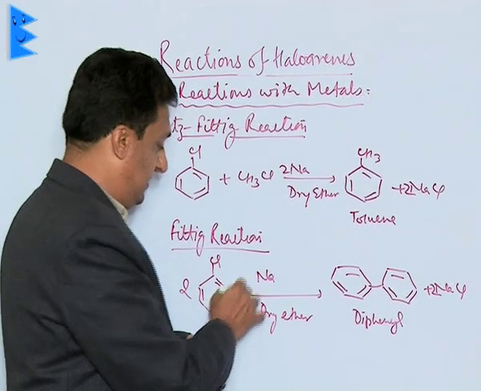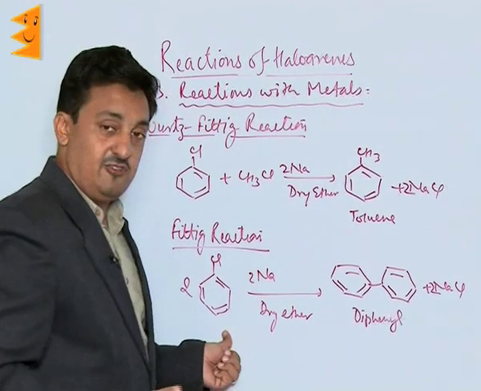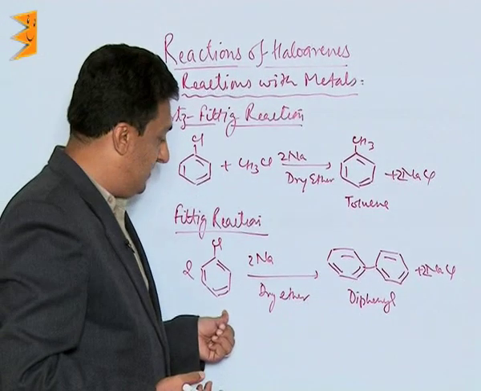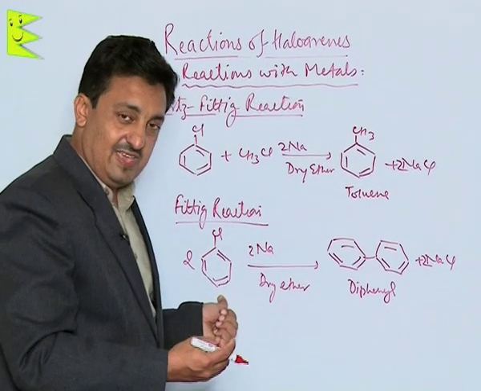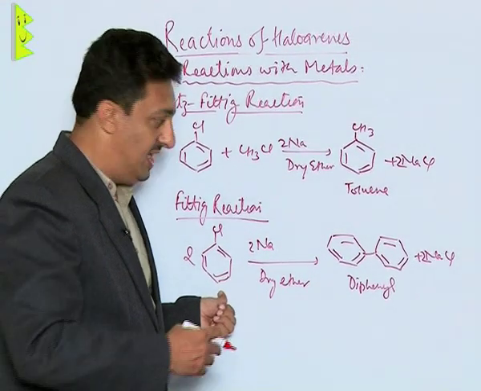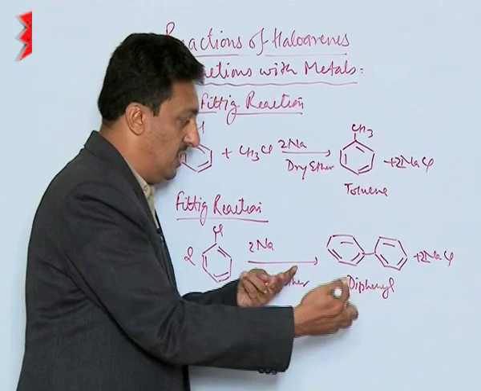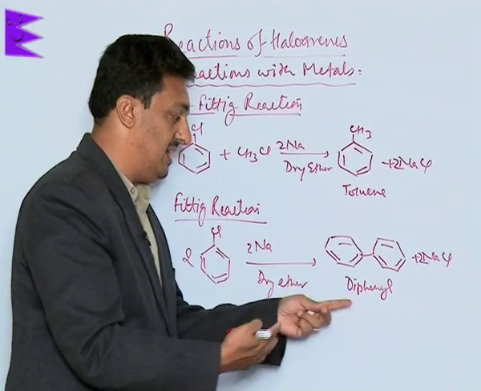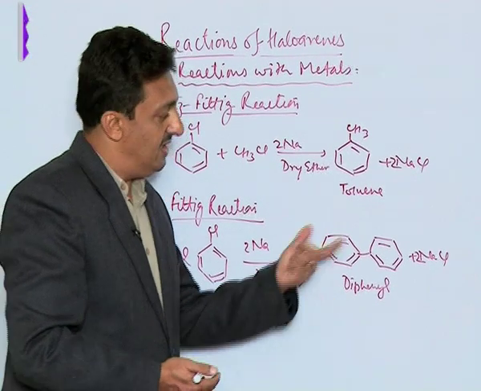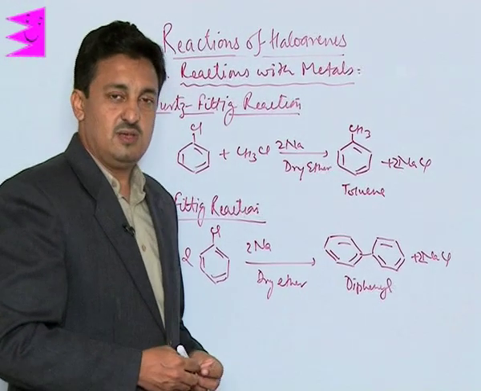So what we find in this case is it's a very similar reaction to your Wurtz reaction. The only thing is this, in this case, we are exclusively taking only one aryl halide, which when treated with sodium and dry ether becomes double of this, the two benzene groups attached to each other, and that's why the compound formed is called diphenyl, and we get the salt outside this.